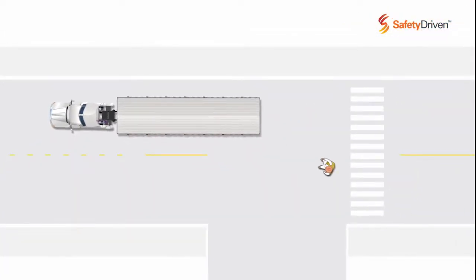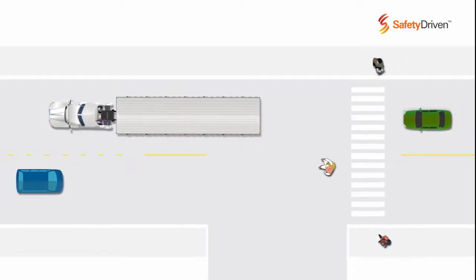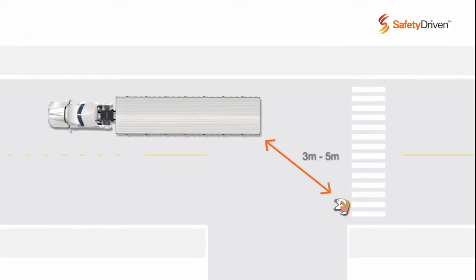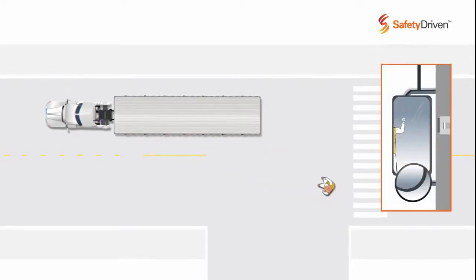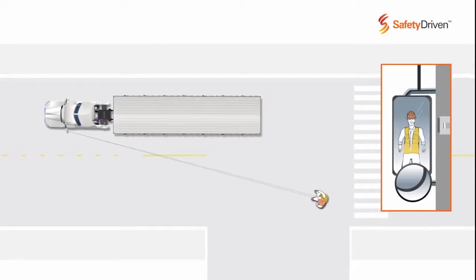The spotter must maintain a position that gives views of approaching traffic, pedestrians, and obstruction hazards, is 3 to 5 meters behind the vehicle and to the side, keeping sight of the rearview mirrors. If repositioning is needed or visual contact is lost, all movement must stop immediately until contact is reestablished.